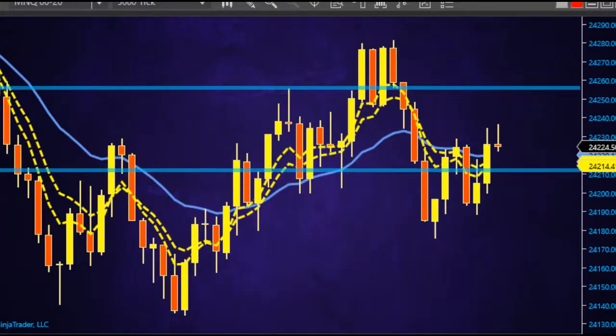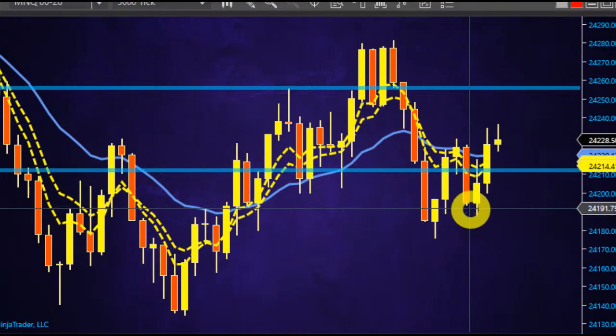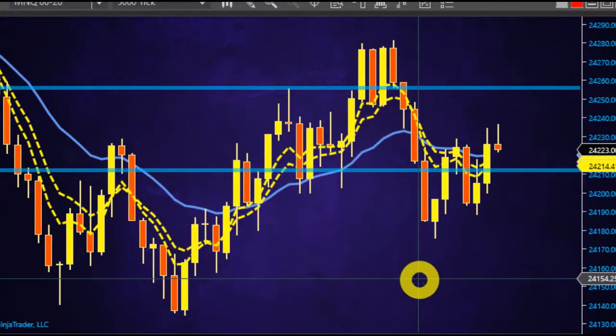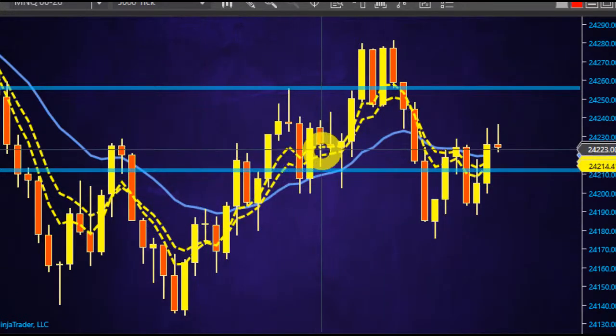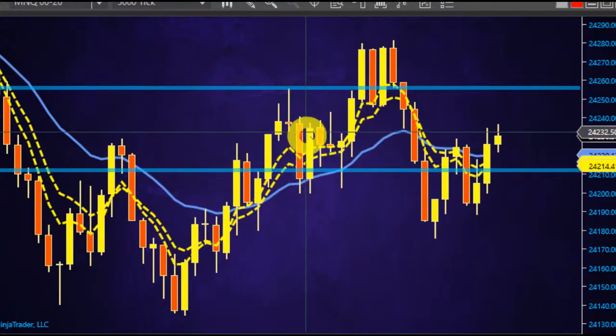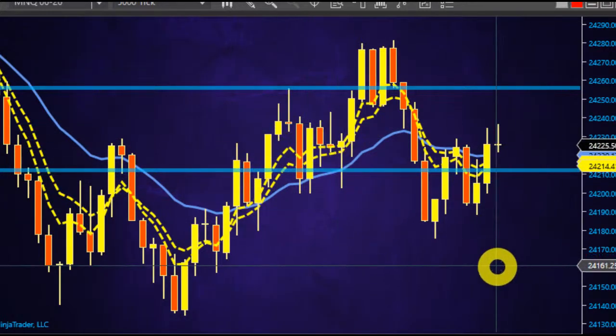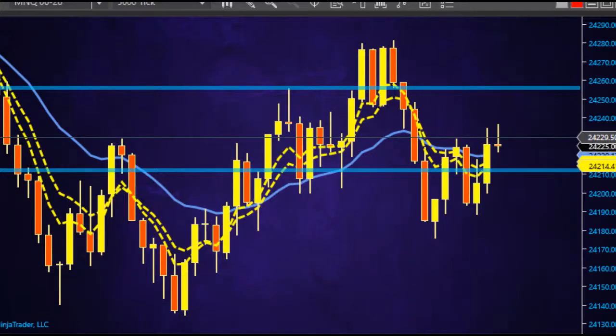Yeah, on that red candle break right there, it came up right into a good entry, and we let it come back up and get us. It came back down. If it didn't keep going, look at the activity over here. Look at this area. It's so choppy that I didn't want to risk it. Didn't want to risk that.